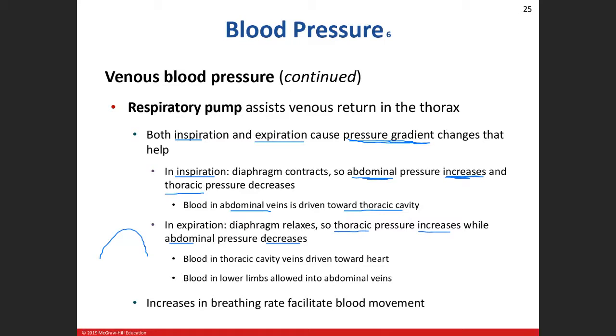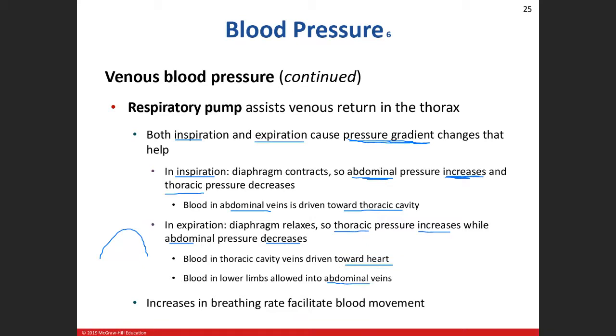Well, at that point, the blood that's in your lower extremities can then move into the abdominal cavity because the pressure is less in the abdominal cavity than it is in your legs. So it moves into the abdominal cavity from the abdominal veins, but at the same time, the blood that's in the thoracic cavity gets pushed into the heart.